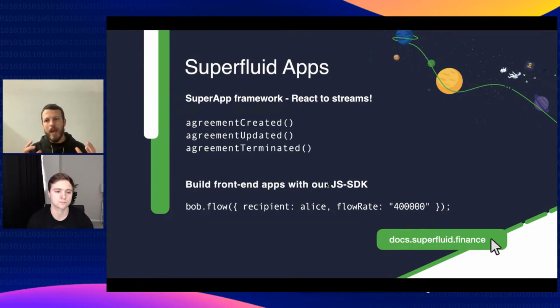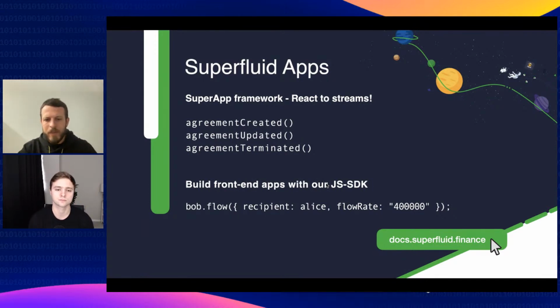This means you can, for example, start accounting for a stream when it's received, and you can stop accounting for it when the agreement is terminated, right? So you can build these custom applications. On top of this, we also have a very simple to use JavaScript SDK, which means when you're building a front end, you can interact with the contracts without needing to go too deep and with a very simple interface.